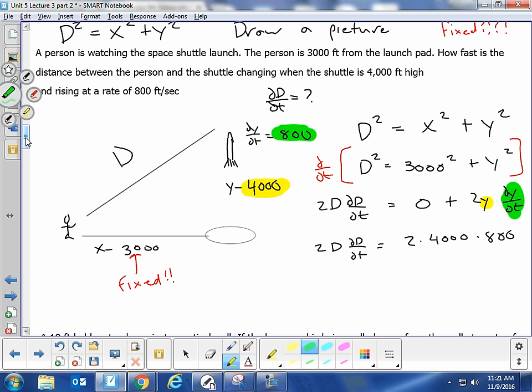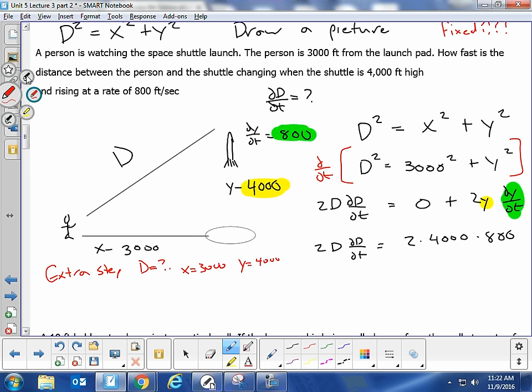Perfect. Find what d is at the specific moment when x is 3,000 and y is 4,000. So go ahead and write, hey, I got an extra step. We're going to find what d is when x is 3,000 and y is 4,000.